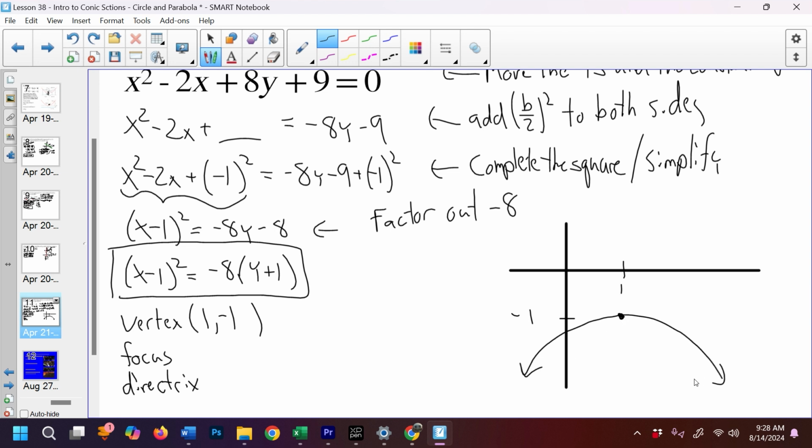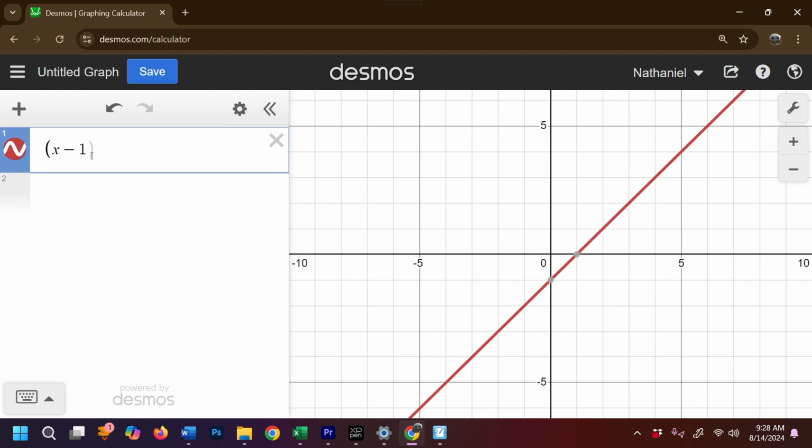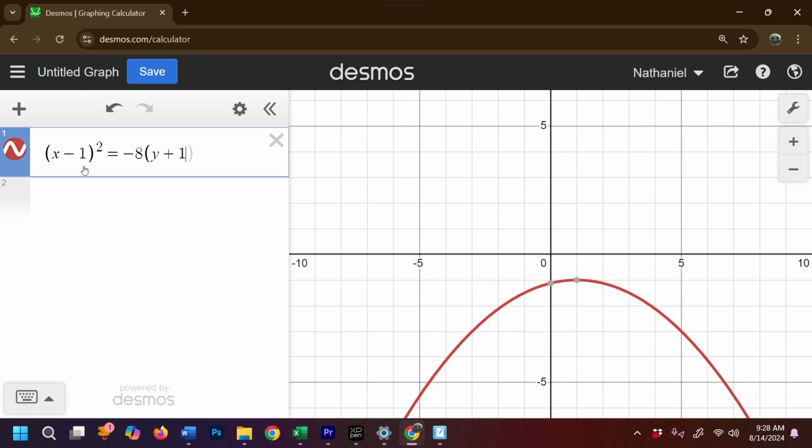And if you want to check that, you can always go to Desmos and plug that in real quick. We might as well. We'll go x minus 1 quantity squared equal to negative 8 y plus 1.